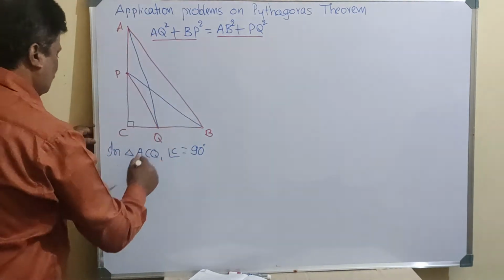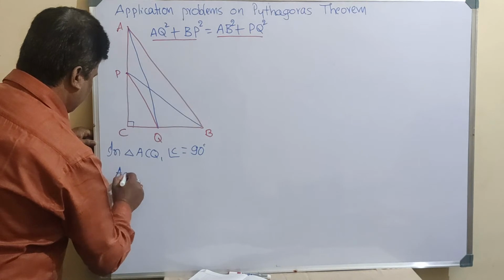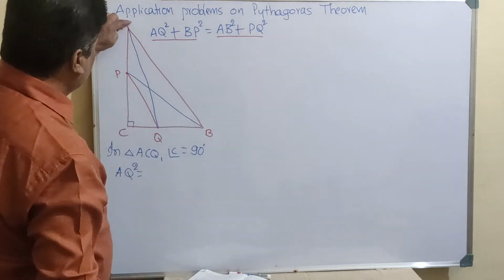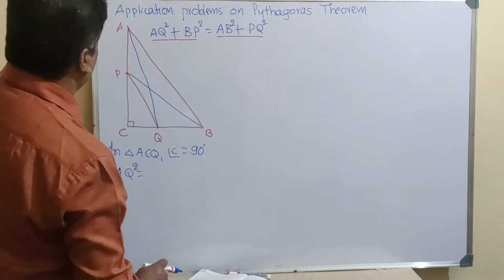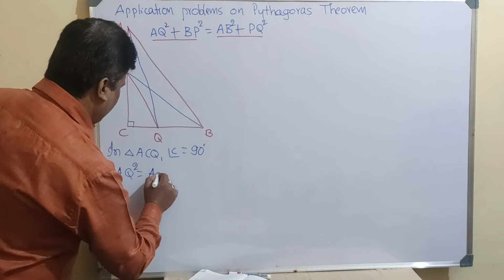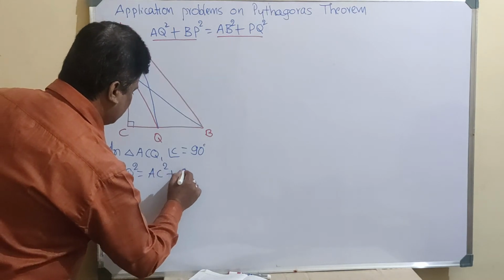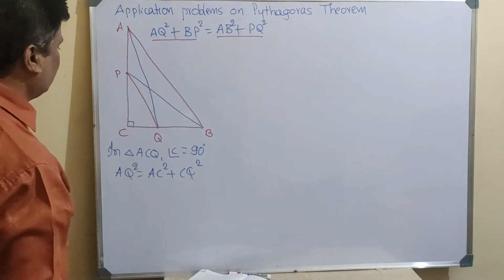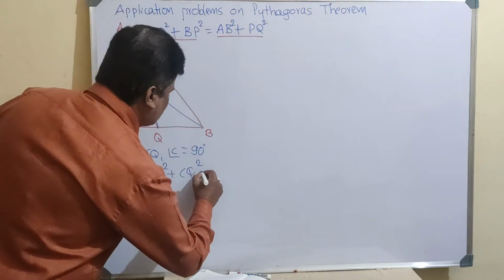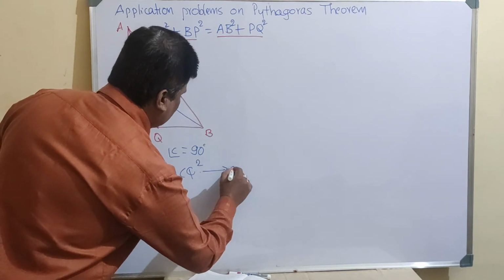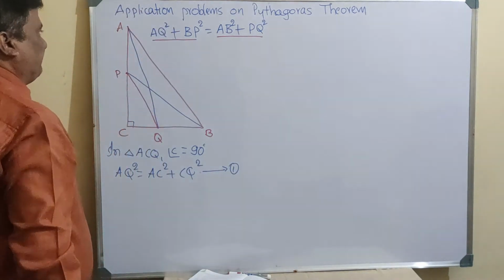Therefore, AQ square is equal to, now we are considering only this triangle, AQ square is equal to AC square plus CQ square. It is because of Pythagoras theorem. Let's call it equation 1.